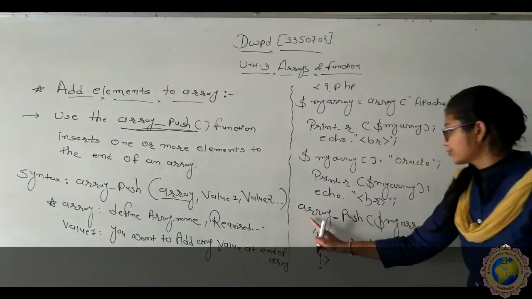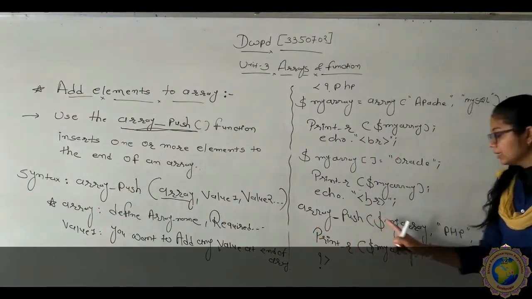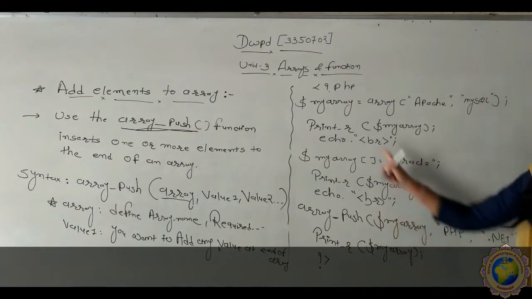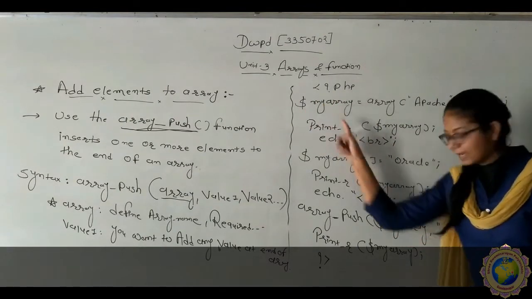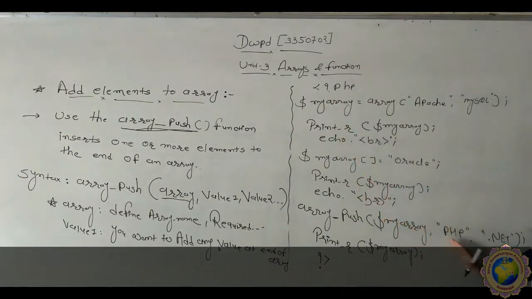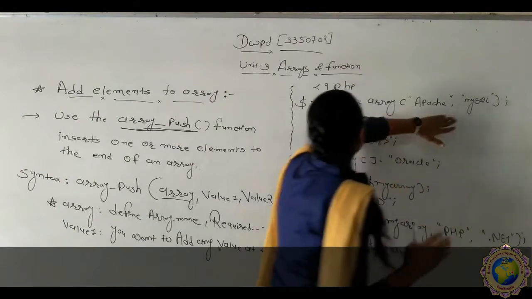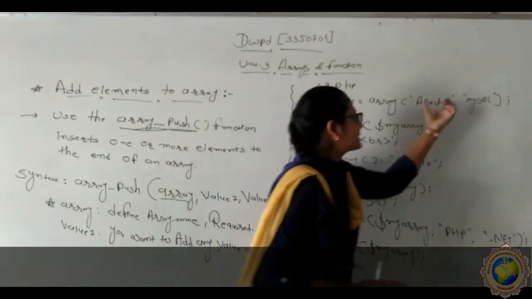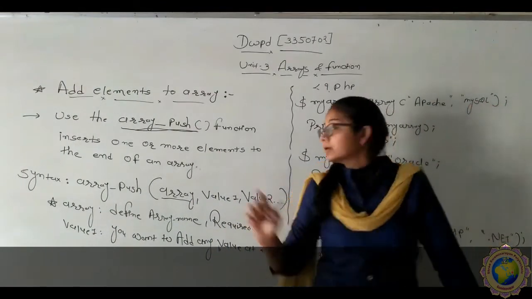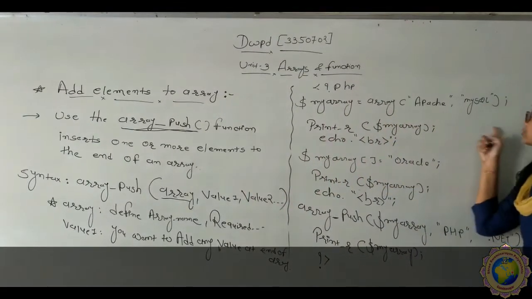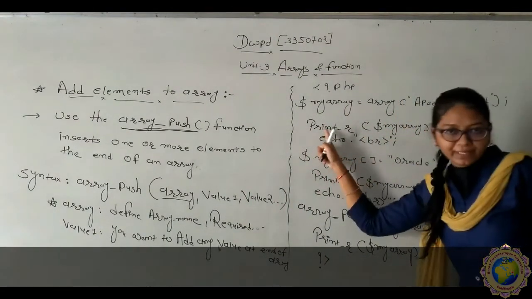So here you see the array push function given an array name. The array name is $myArray, and then the values PHP and .NET. We already print using myArray, Apache and MySQL. Then Apache and MySQL show at runtime using the print function.